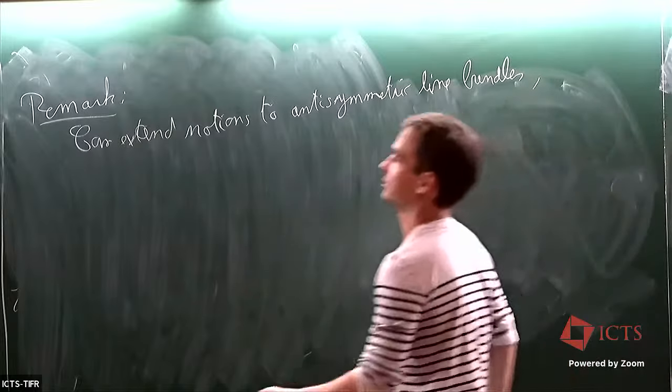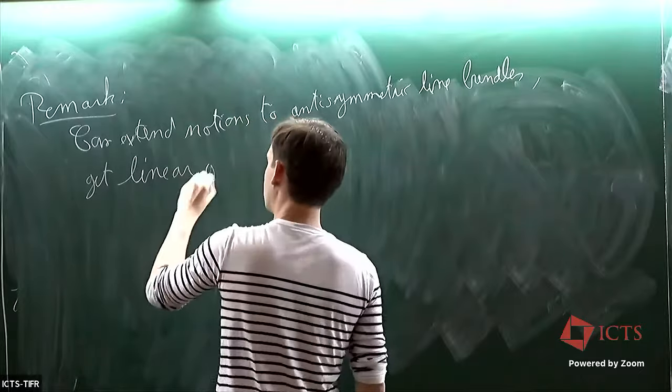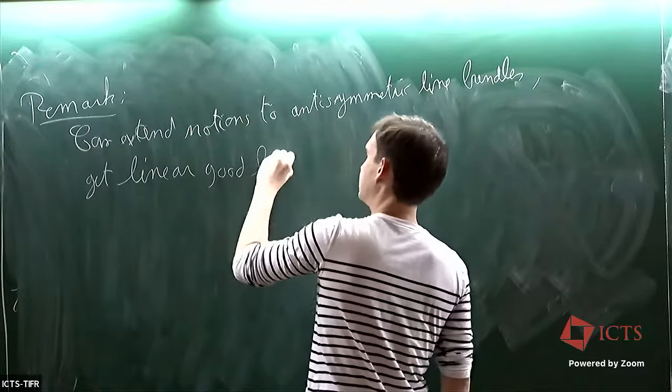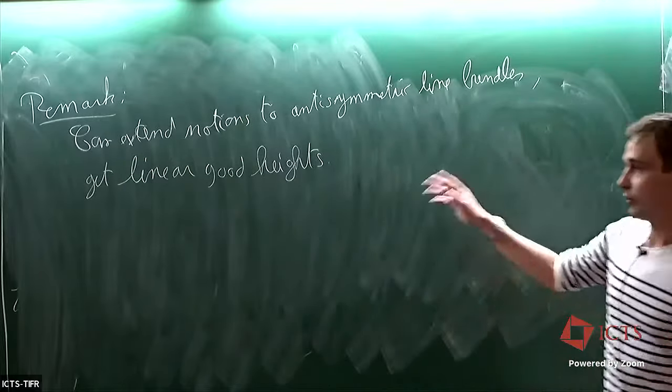And if you think about the fact that for an anti-symmetric line bundle, n star L is not L to the power n squared, but L to the power n, so it's linear, the conclusion is that you should have something linear. And you get linear good heights. Okay? And of course, now you can add those.